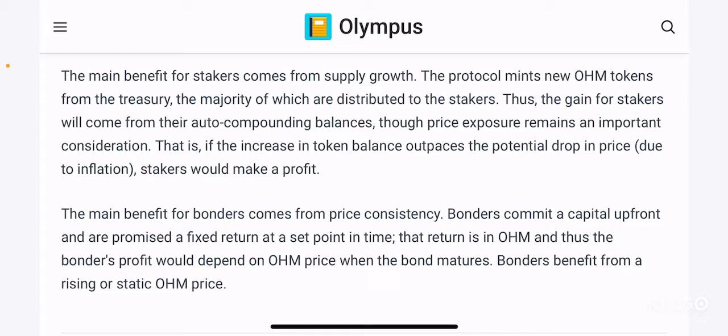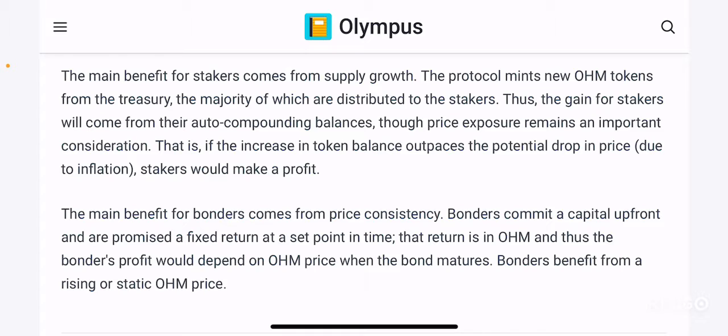The protocol mints new OHM tokens from the treasury, the majority of which are distributed to the stakers. Again, they have a treasury fund from where the new inflationary reward incentives are basically minted, right? So that's something that you need to know.